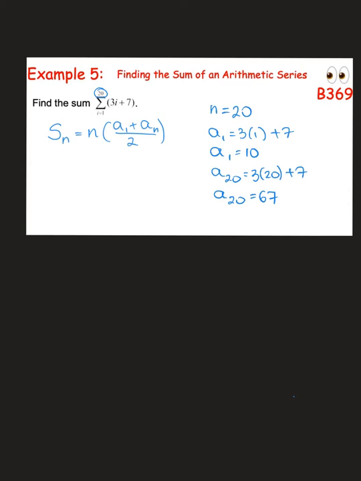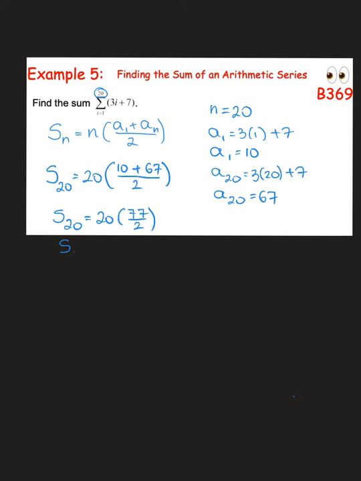So now we are ready to substitute into the equation. The sum of the first 20 terms is 20 times the first term, which is 10, plus the 20th term, which is 67, and we have to divide it by 2. The sum of the first 20 terms is going to be 20 times 77 divided by 2.